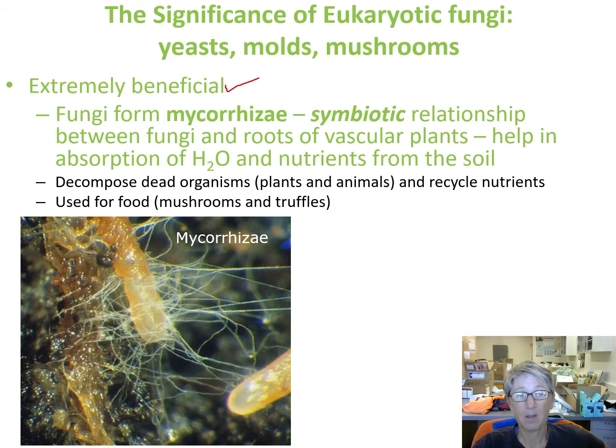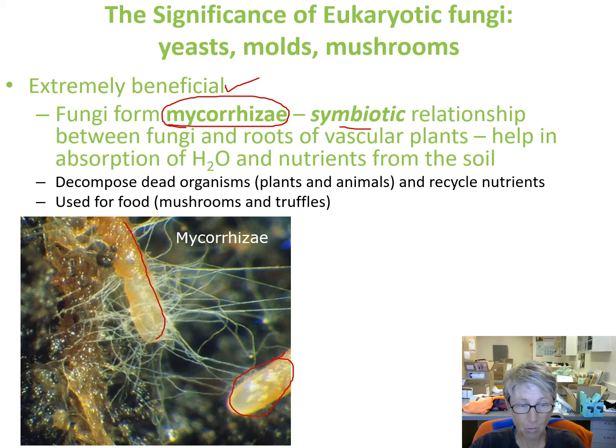So the significance of eukaryotic fungi, which include yeast, molds, and mushrooms: they're extremely beneficial to some organisms, not so beneficial to others, but in this slide we're talking about fungi that form mycorrhizae, depends on how you like to say it, which is a symbiotic relationship between a fungus and the root of a vascular plant. So this would be a root of a vascular plant.